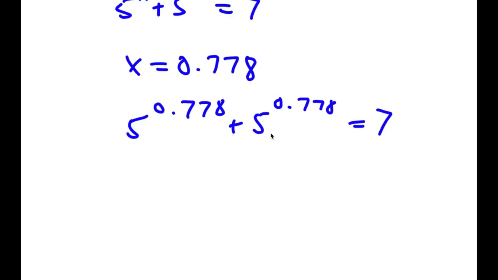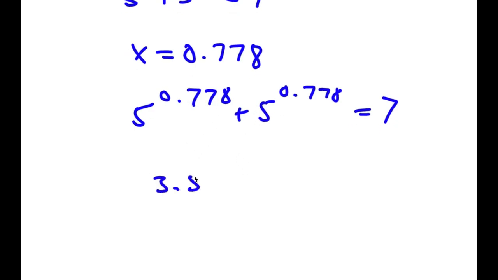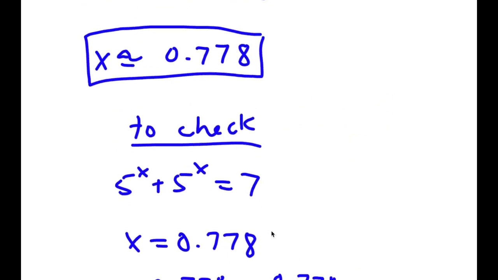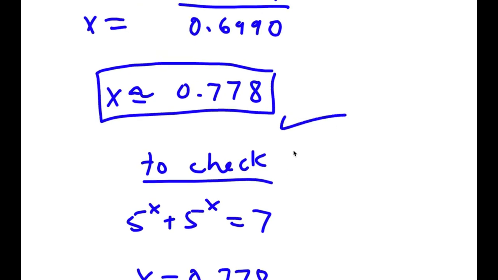Now, 5 to the power of 0.778 is approximately equal to 3.5, plus, again, 3.5 is equal to 7. Now 3.5 plus 3.5 is 7, so I have 7 equals 7. Because this is right, our solution is right.